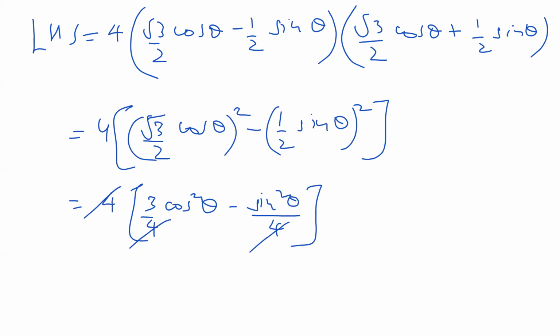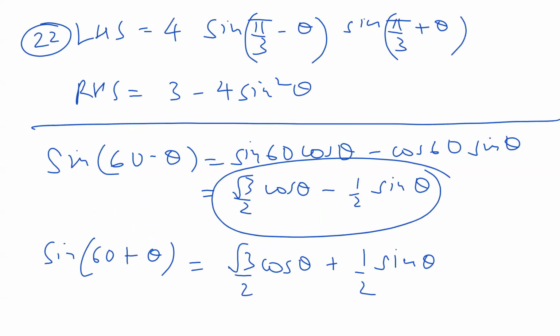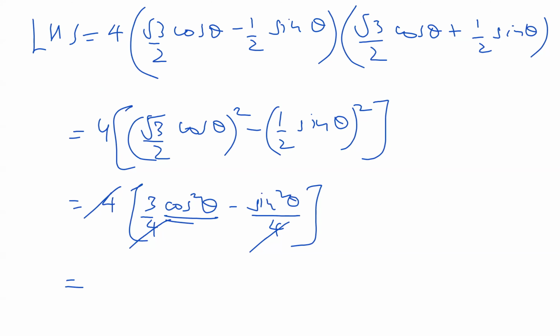So when you take the LCM in the box bracket, that 4 and the 4 which is outside will get cancelled. Now our final answer, RHS, is in terms of sin square theta. So what I would recommend is this: cos square theta is 1 minus sin square theta, minus sin square theta.